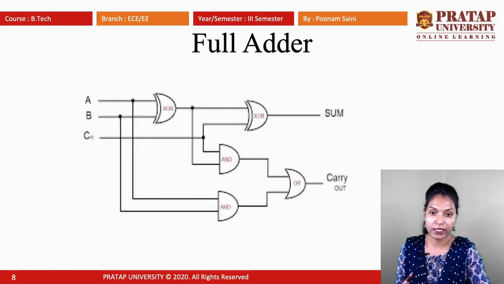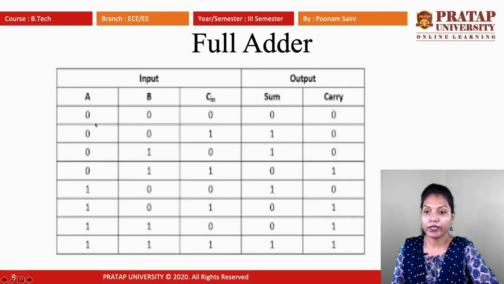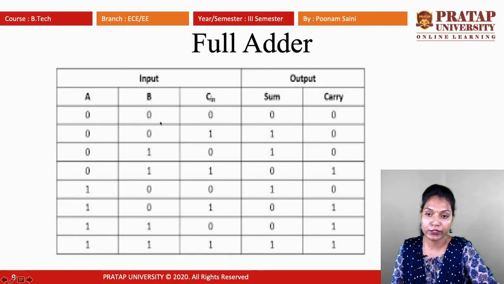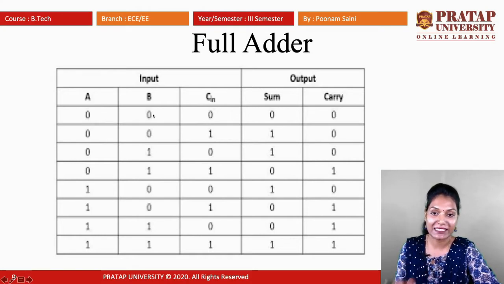So you can see in the full adder, first of all, A is 0, B is 0, C in is 0. So in the first row, 0 plus 0 will become 0, and 0 plus 0 becomes 0. So sum will be 0, no overflow in the carry, that means carry will be 0.